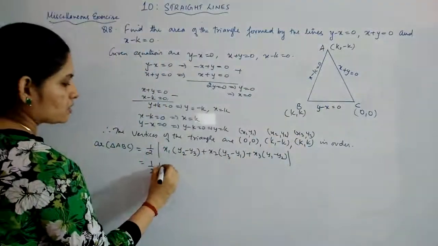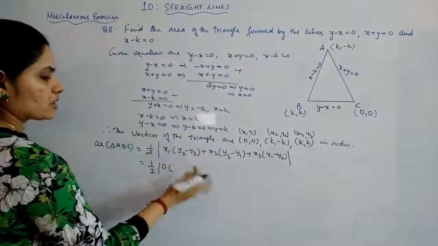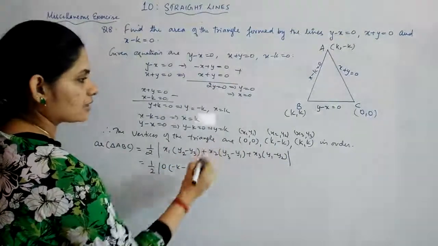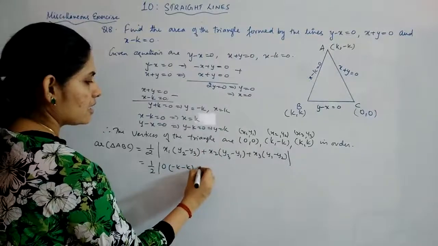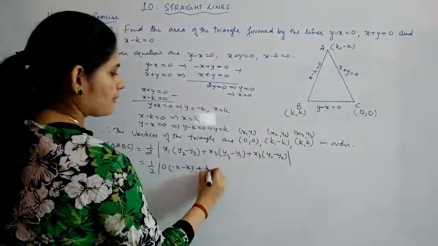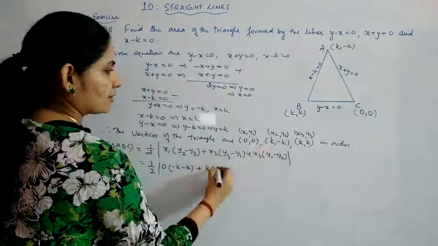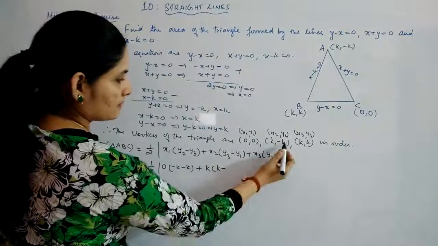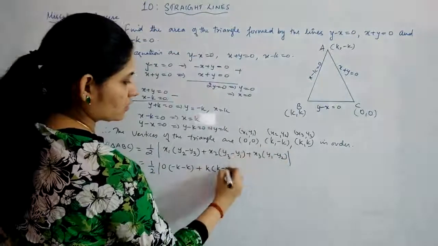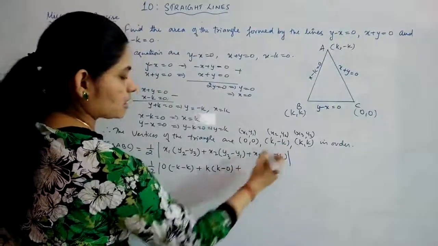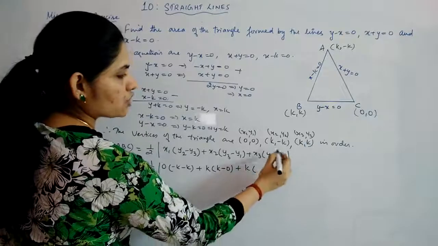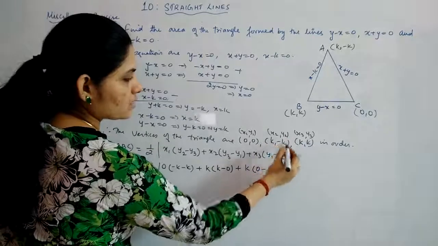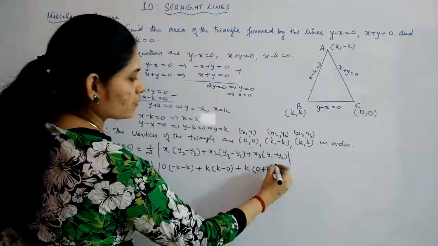So x1 is 0 here, so that term will go because it is 0 into anything. y2 is minus k, y3 is k, so minus k, plus x2 is k into y3 minus y1, k minus 0, plus x3 is k again into y1 minus y2, that is 0 minus minus k, so minus of minus will give you plus k.